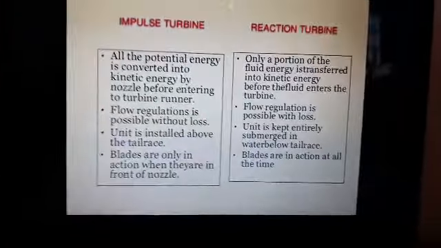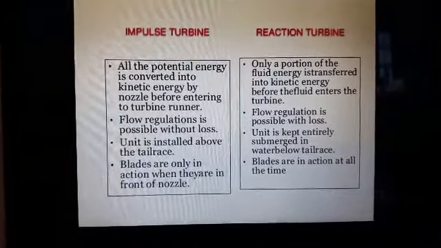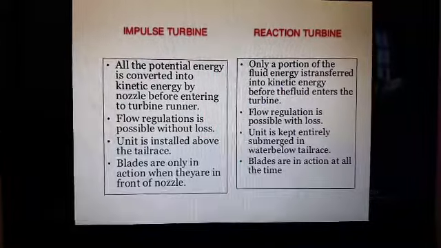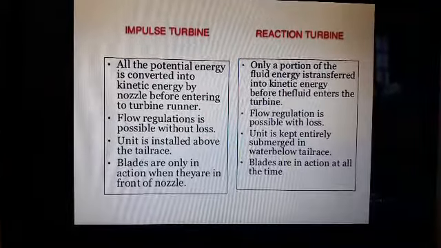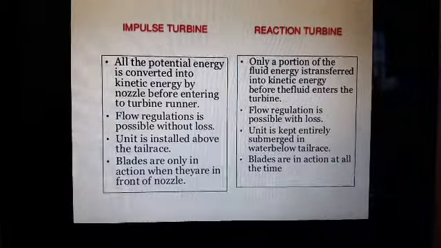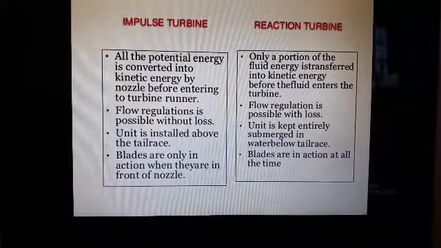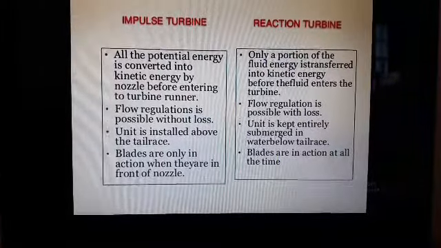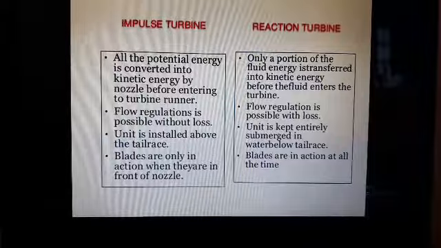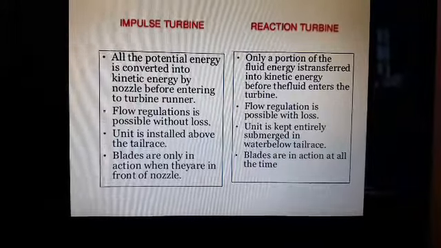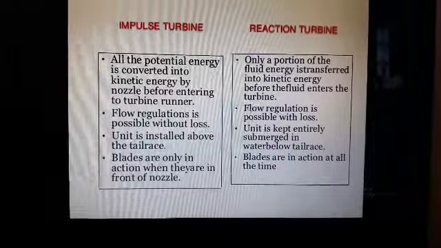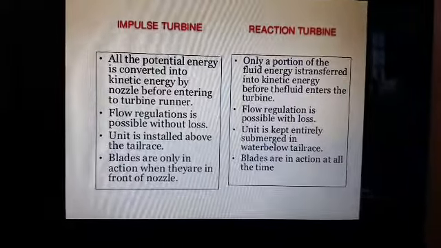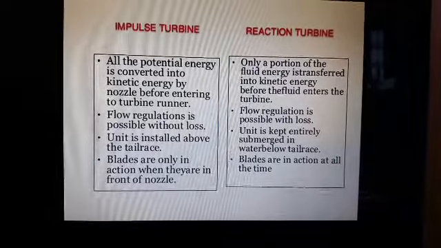Now we will discuss the important differences between impulse turbine and reaction turbine. As we have already defined in the classification of the turbine, in the impulse turbine the available energy is only kinetic energy. All the potential energy of the water is converted into kinetic energy with the help of the nozzle, and the nozzle is fitted at the end of the penstock.